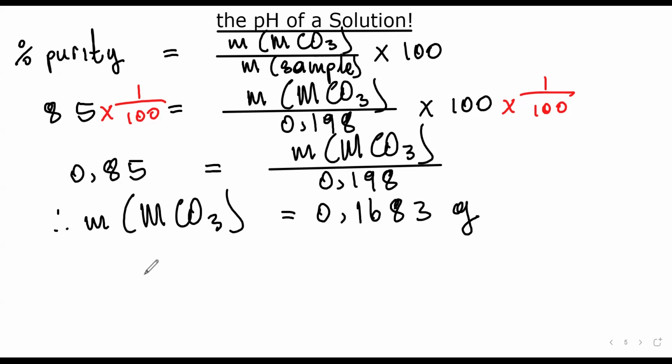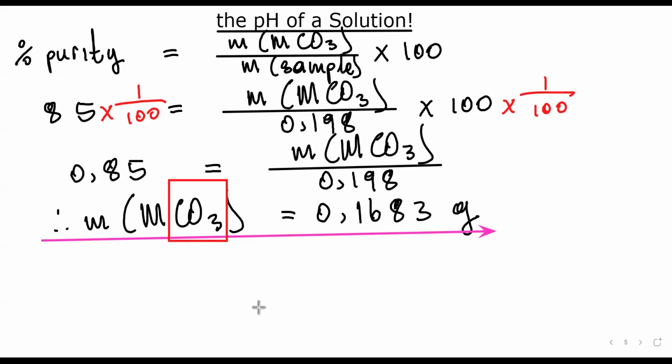Okay, fine. So now that we know the mass of the metal carbonate, we just need to know the number of moles of this metal carbonate. Then we can easily find the molar mass of the entire compound. Then from the molar mass of the entire compound, we can now subtract the molar mass of this CO3.